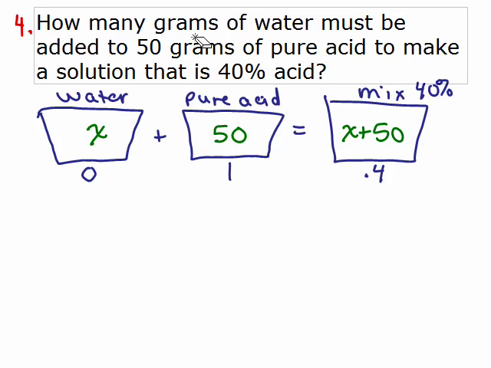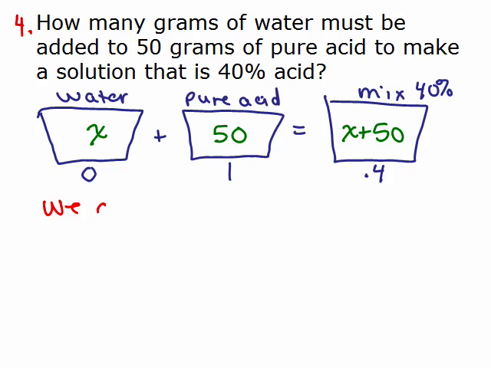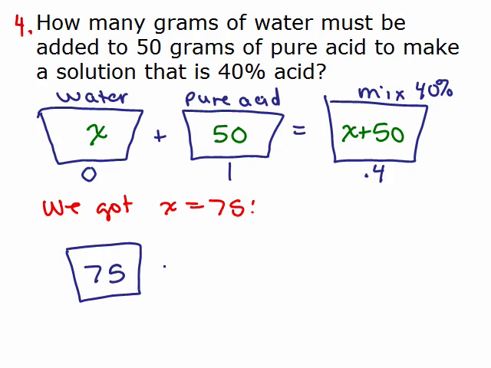So here was our original problem. How many grams of water must be added to 50 grams of pure acid? And this was the picture we came up with. All right, but now we know what X is. We got X equals 75. So now we can actually put in that we know how much water there is.